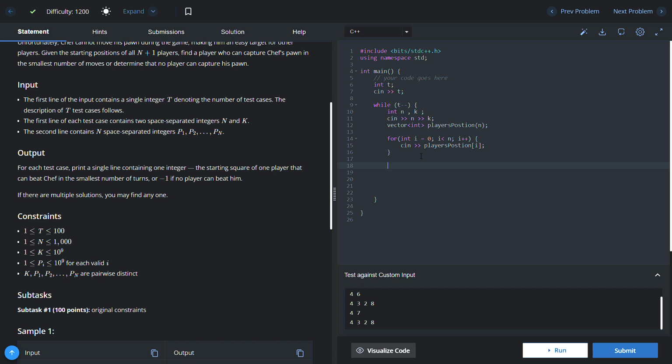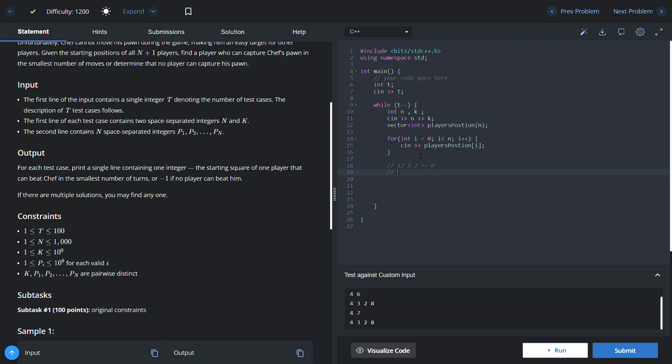Now we have to simply think like this: if the chef's position is completely divisible by the initial position of the player, like 12 divided by player 1's position, that is 2, we get remainder 0. That means 12 is reachable somewhere, right?